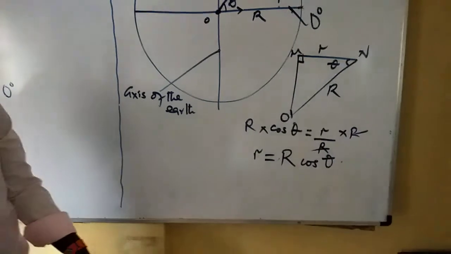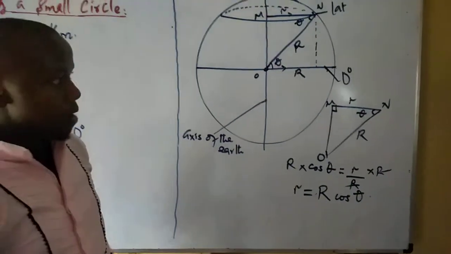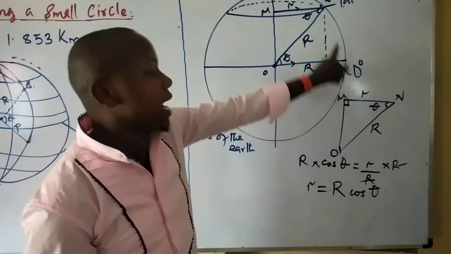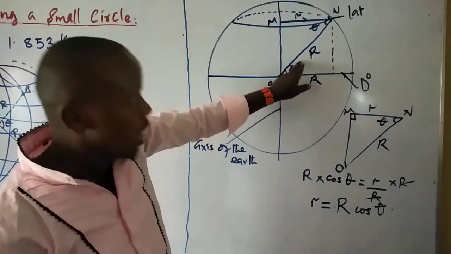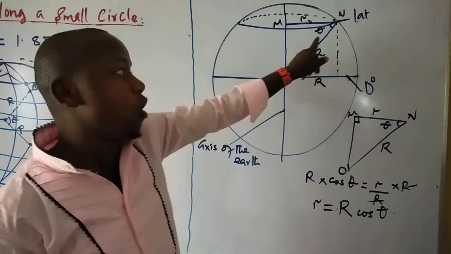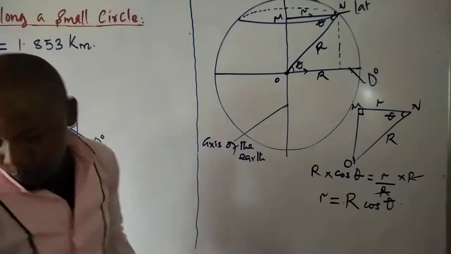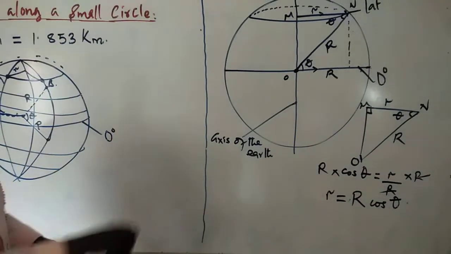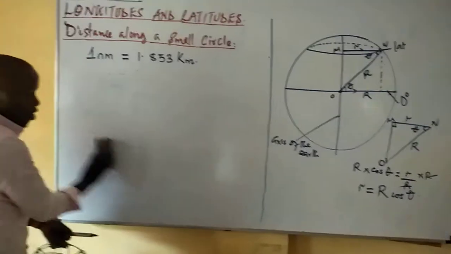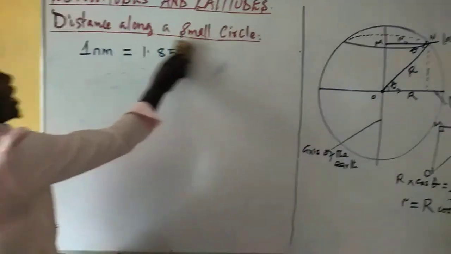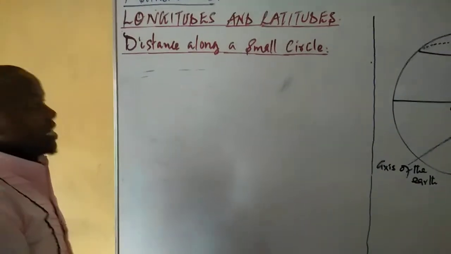And we have said that this angle is the latitude itself, because for us to arrive at a given latitude, we have swept through an angle equal to the position of the latitude itself. Therefore, we now know what the small radius in latitudes, or in small circles, is.